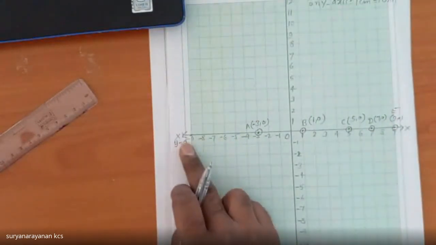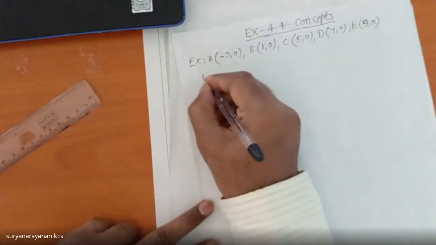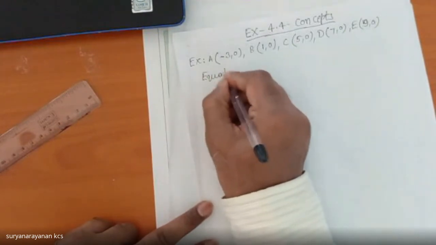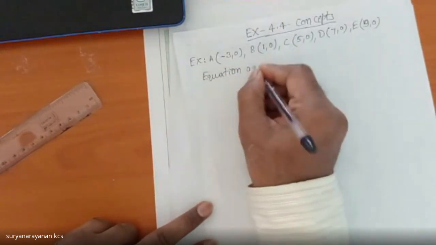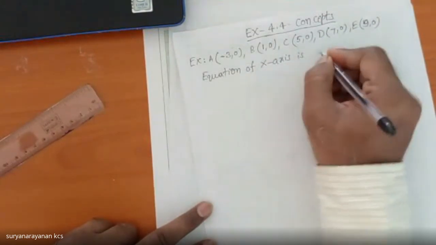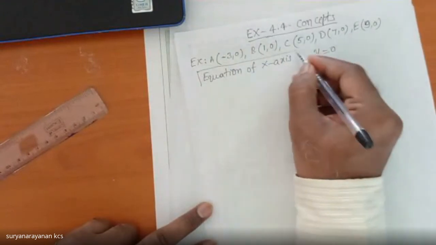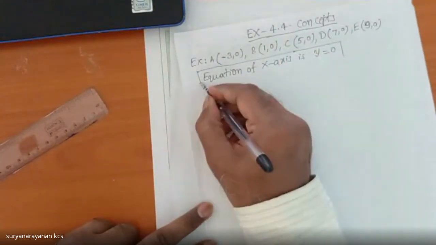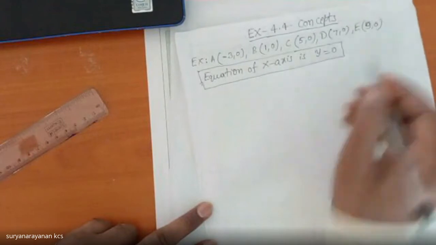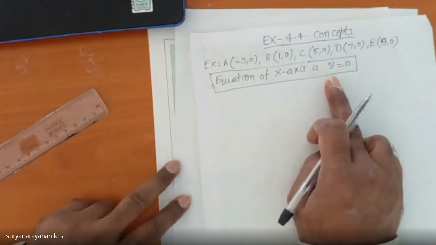So the equation of x-axis, you see it is nothing but x-axis. So remember that point, equation of x-axis is y is equal to 0. Remember this point, my children. They will ask you the equation of the x-axis: y is equal to 0.